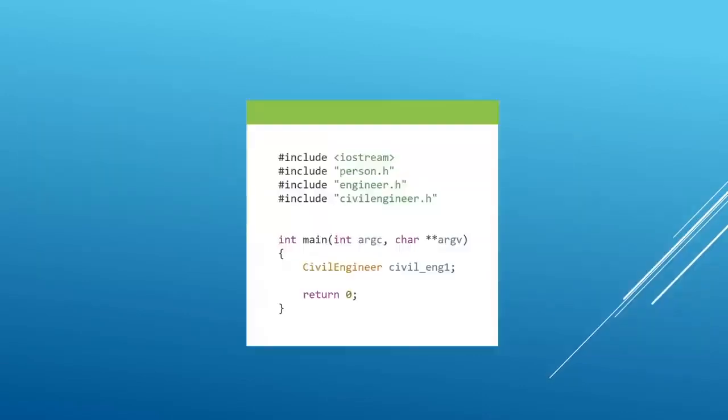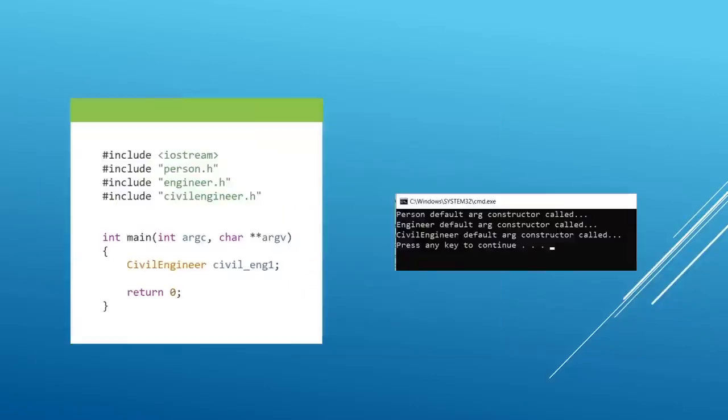So if we set up something like this and try to run our program, we're going to get output like this. We're going to see that the person default constructor is going to be called first. And notice that we are building a civil engineer object. So the default constructor for the most base class is going to be called. Then we're going to be building an engineer layer on top of the person stuff that we get.